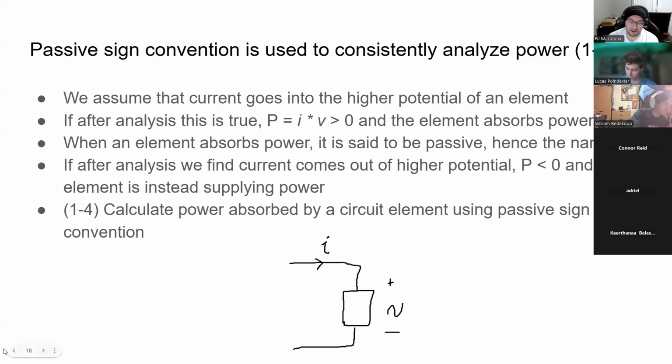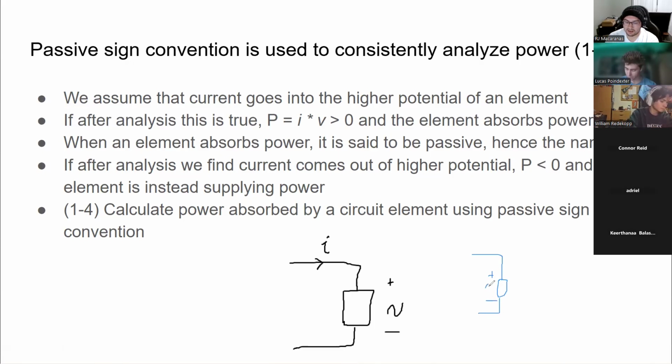So if I go through my analysis and I figure out that this element is doing something like this, where I have V, and if current is negative, we just flip the direction, so it actually ends up going this way. When the current is leaving the higher potential of an element, then this element is actually supplying power to the rest of your circuit.